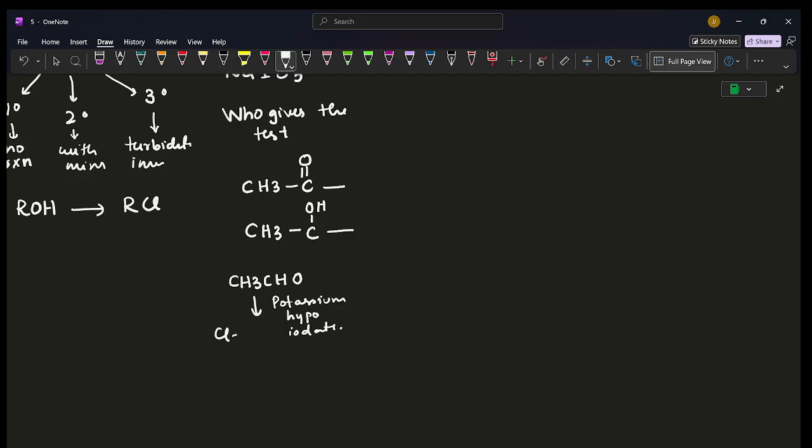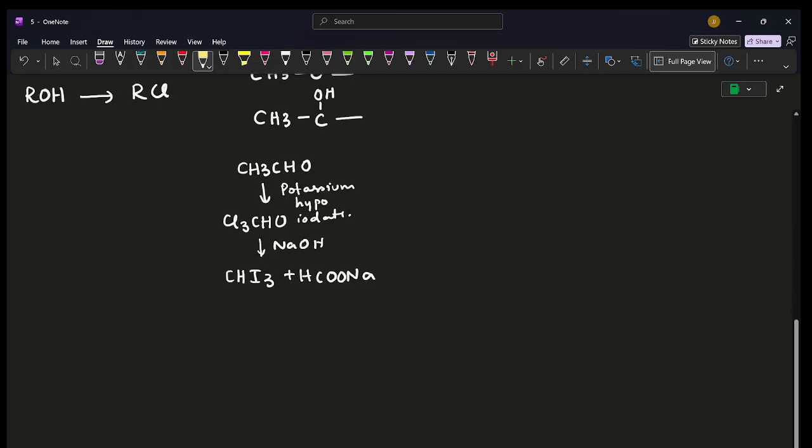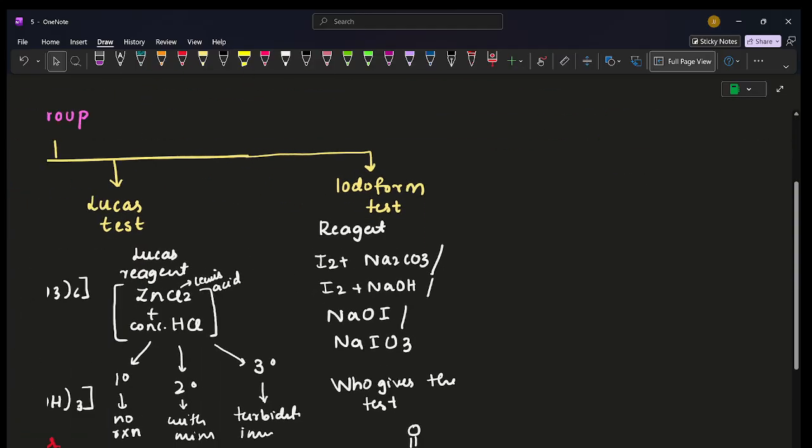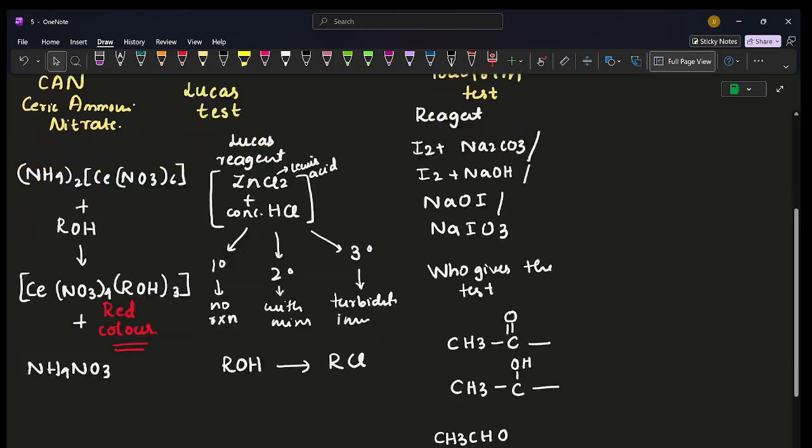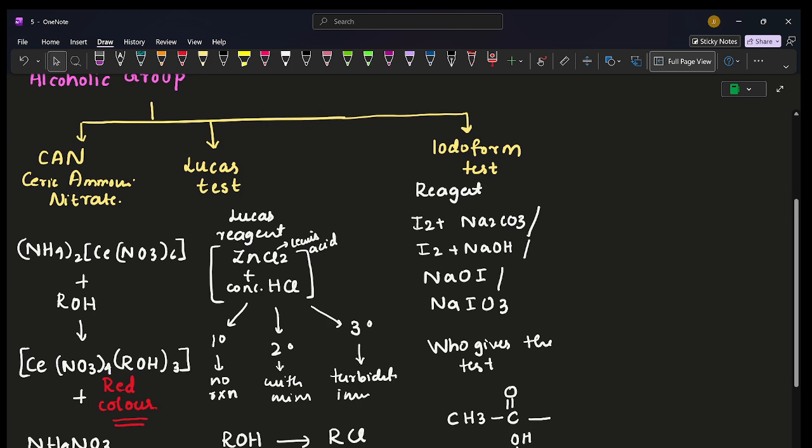So I'm gonna first convert that into this, and when you put NaOH, you're gonna have CHI3, which is the iodoform, basically a yellow iodoform, and HCOONa, and you'll have an acid formed with it. Remember that. Simple, easy, good. These are very important, all these three.